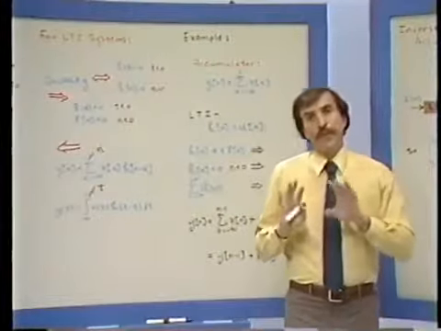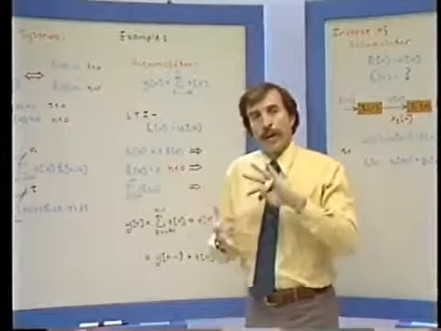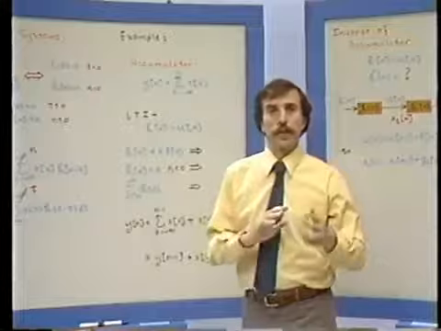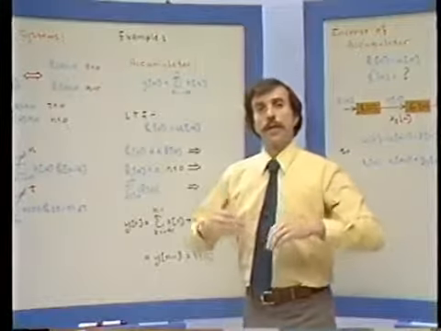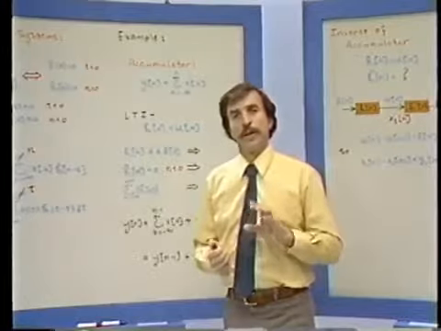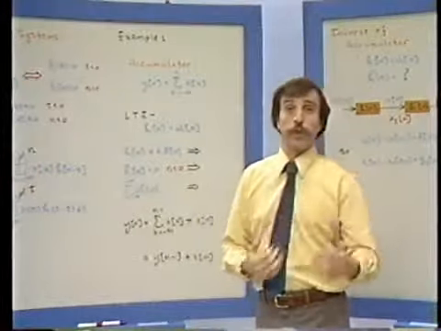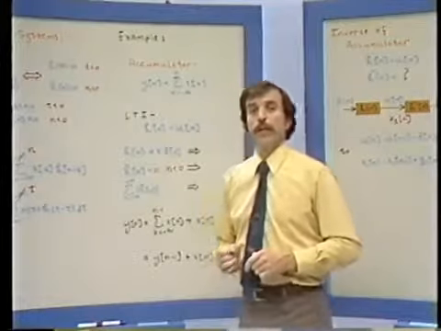Okay, so we've seen how certain system properties in the linear time invariant case can be converted into various requirements on the impulse response of a linear time invariant system, the impulse response being a complete characterization.